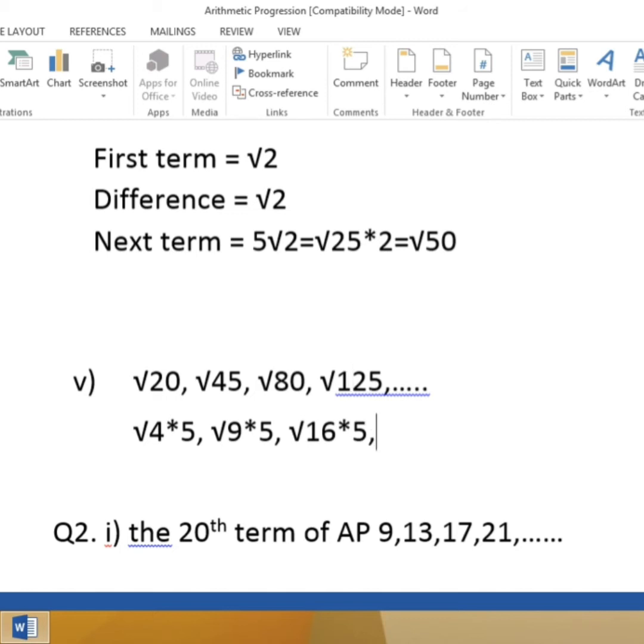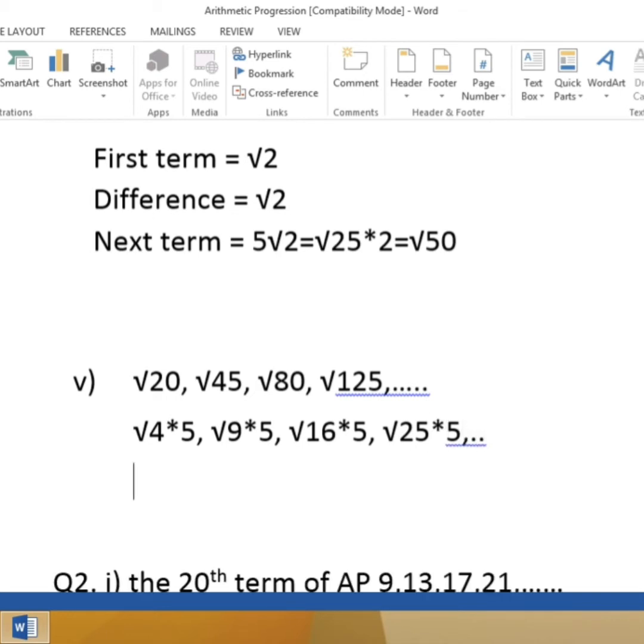Square root of 125 can be written as square root of 25 into 5. So in this way, if you see 4, 9, 16, 25, all are perfect squares, which we can take out from the square root. 2 square root of 5 is the first term. 3 square root of 5 is the second term.